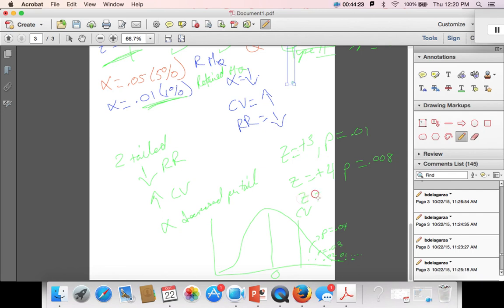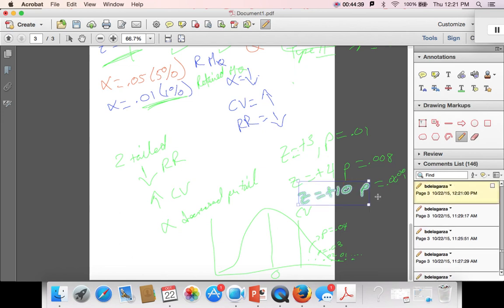If z was equal to +10, I don't know, let's say, the p-value would then be maybe 0.000001 or something along those lines. These numbers I just came up with, just to show you how our p-value would decrease. In other words, the larger my statistic is, the further into the region of rejection it occurs, the lower my p-value will be.